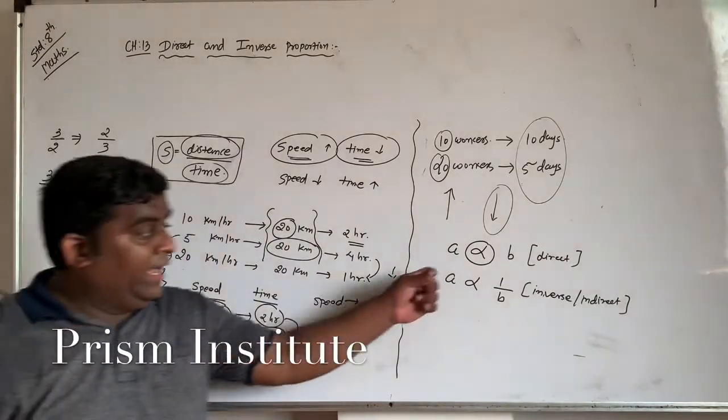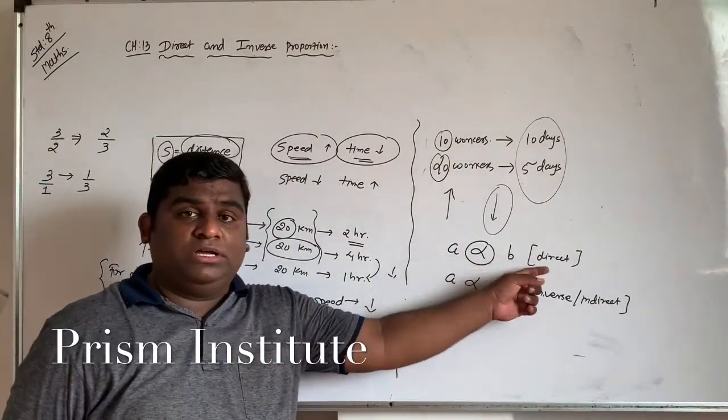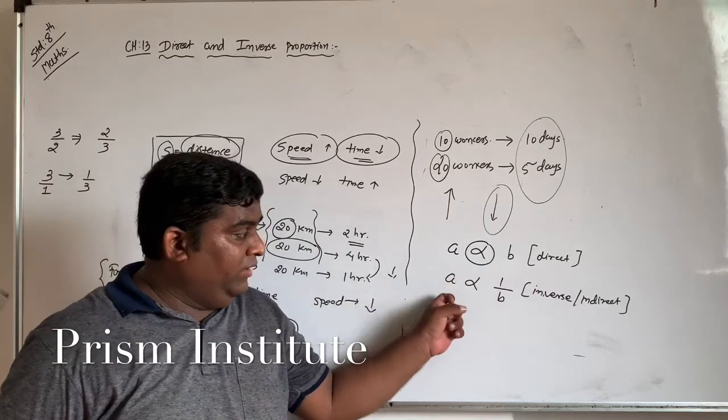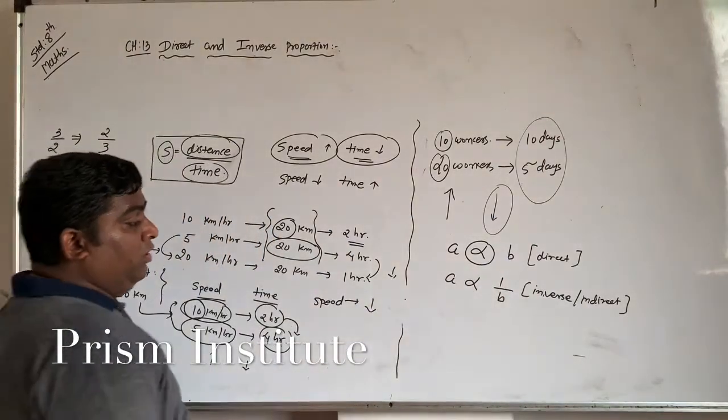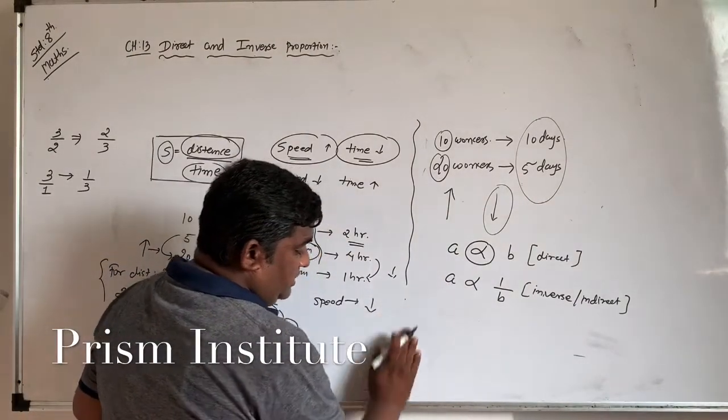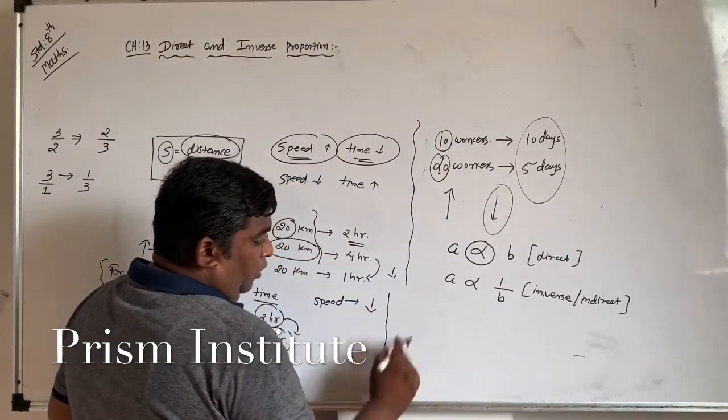In direct proportion you write A proportional to B, but in inverse proportion, A is proportional to 1 upon B.